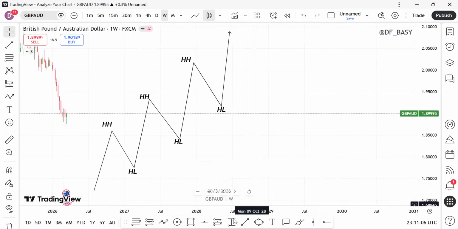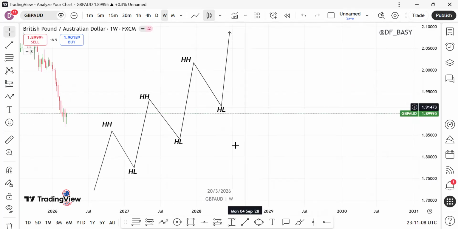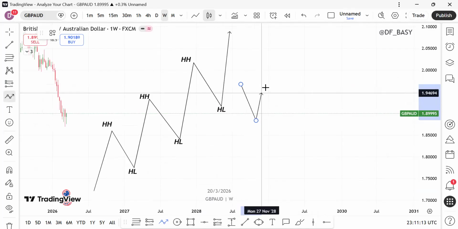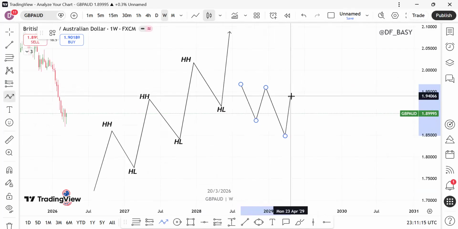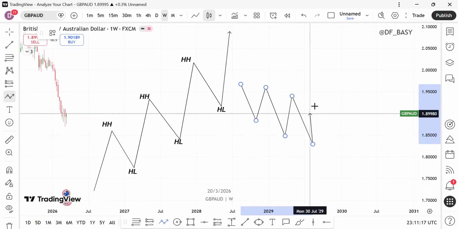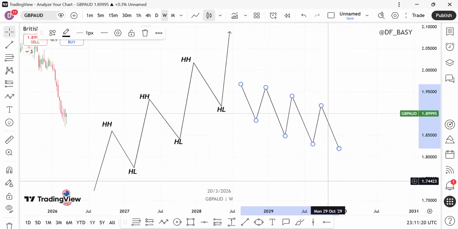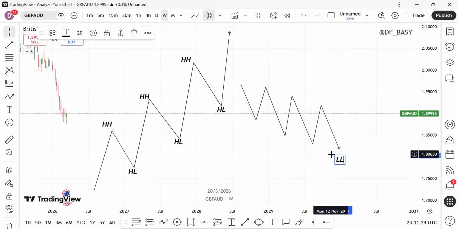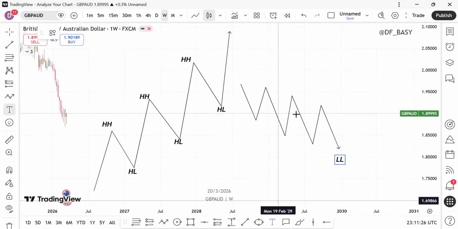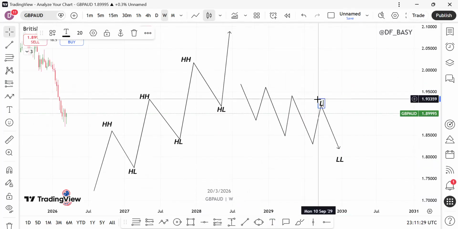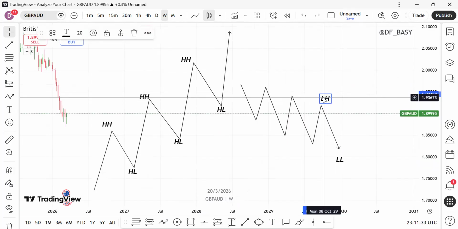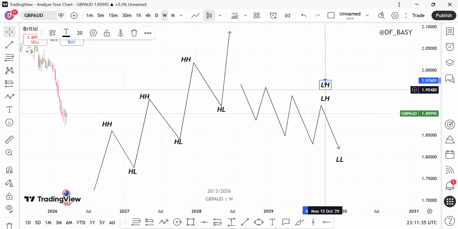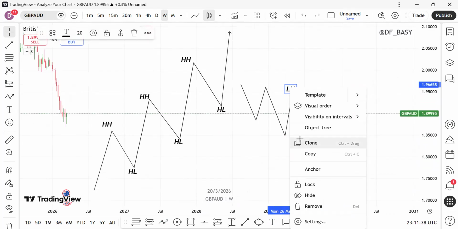This is for a bullish trend. Then for a bearish trend, what do you have? You have lower lows, lower highs, lower lows, lower highs. So basically, it consists of this: LL, then you have the LH.